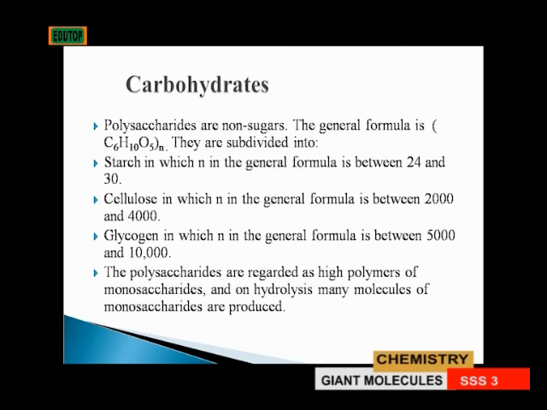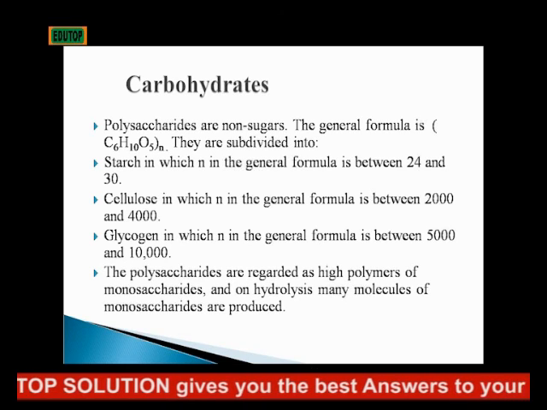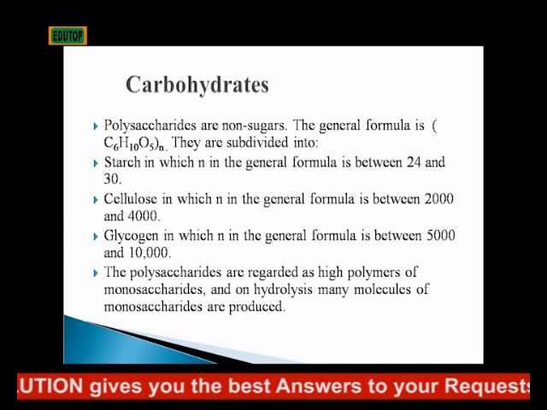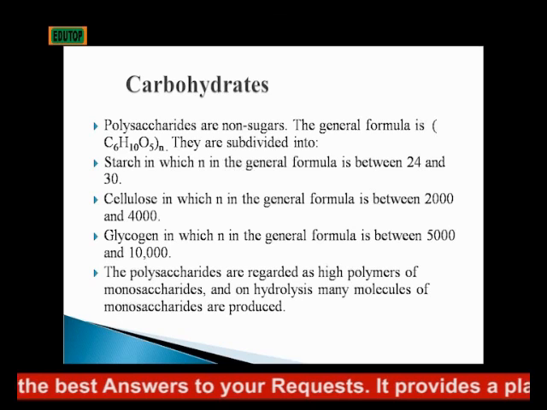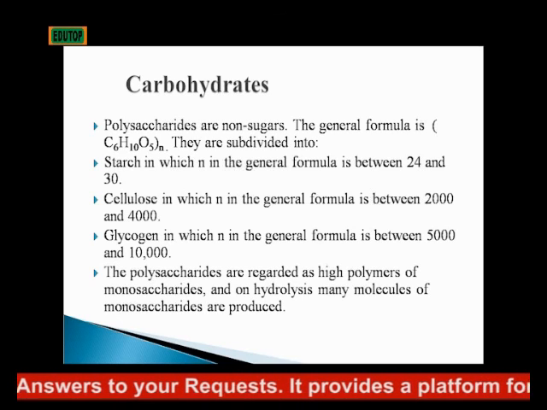Polysaccharides are non-sugars. The general formula is (C6H10O5)n. That is why it is called polysaccharide, because you don't have a defined value of n.